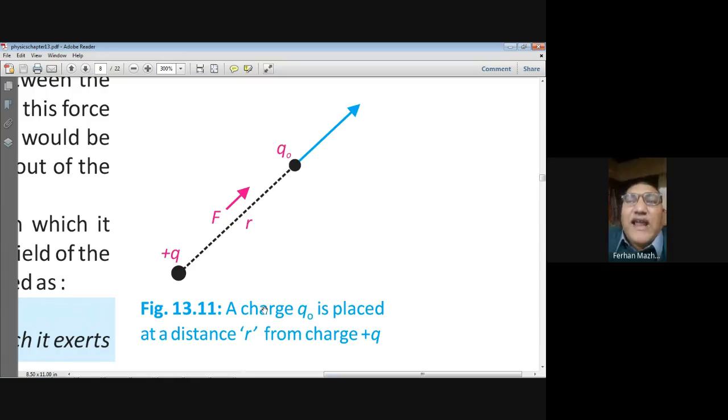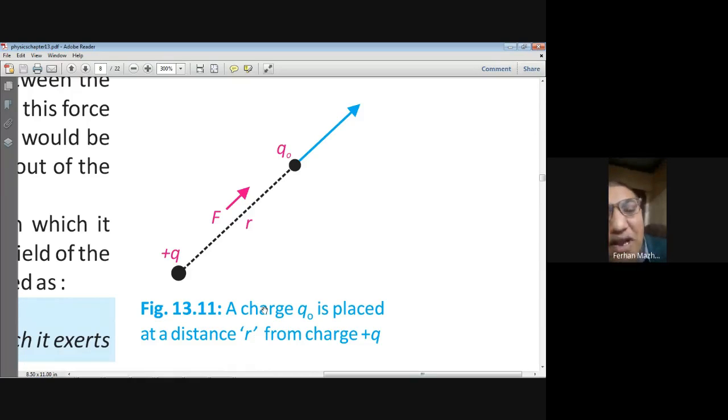If you put another charge in that area, that charge will experience a force. If it is outside that area, it will experience no force due to this charge. So that area, that space, that region around the positive charge Q, is known as its electric field.